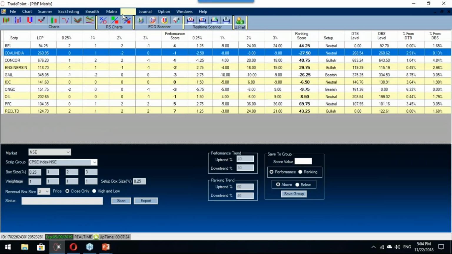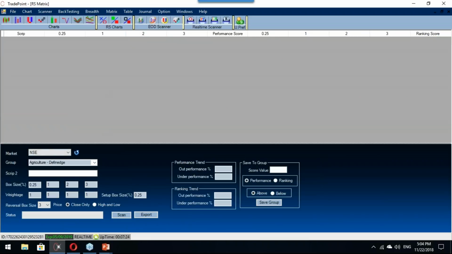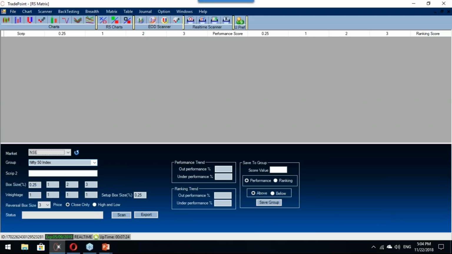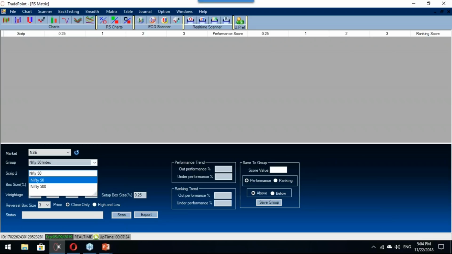Okay, but if you go to matrix and go to RS matrix, obviously for relative strength I have to give a numerator and a denominator, right? So let's probably just choose Nifty 50, and I'm going to use Nifty 50 again for the denominator.